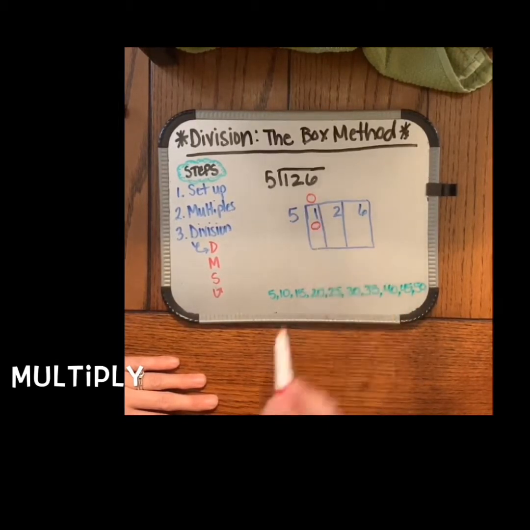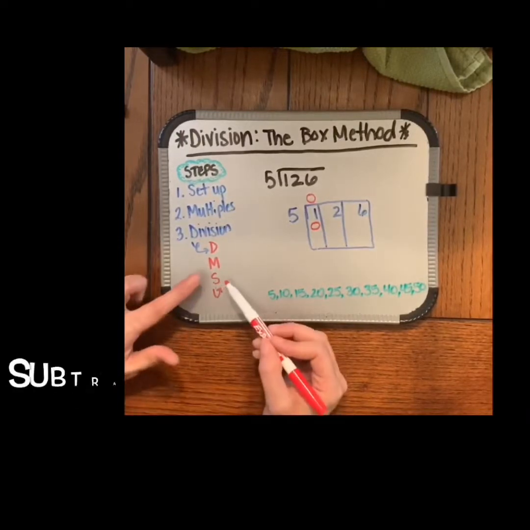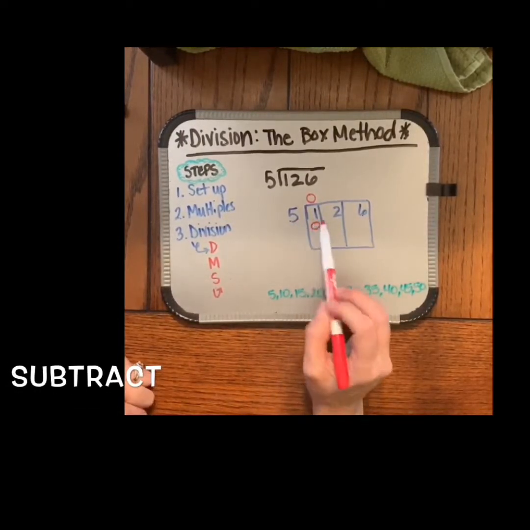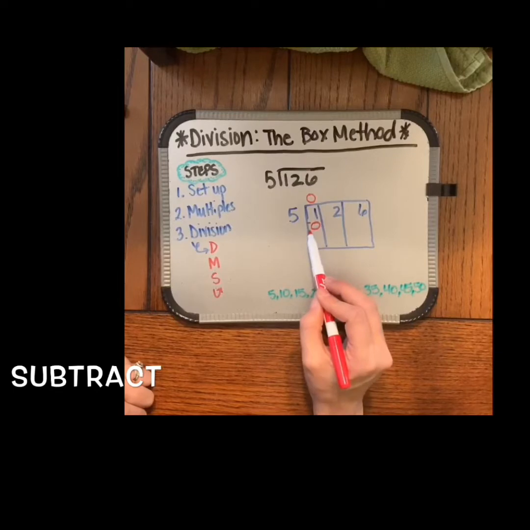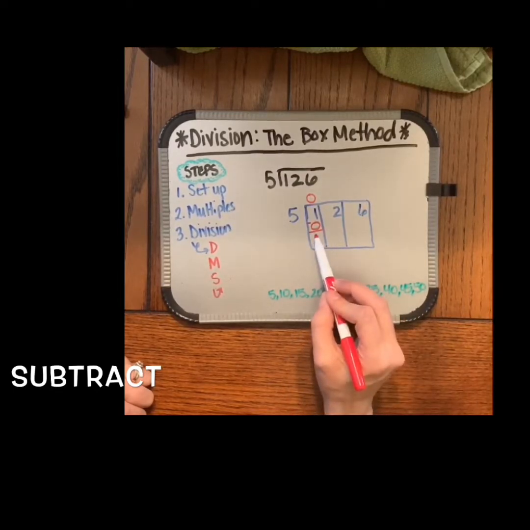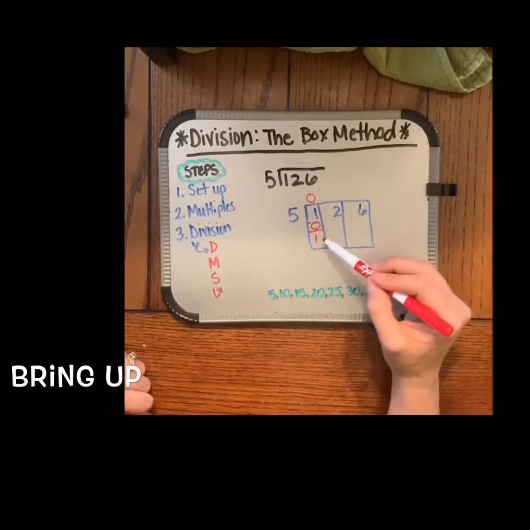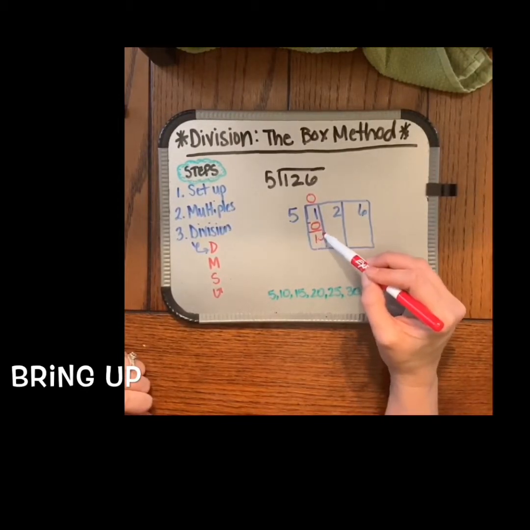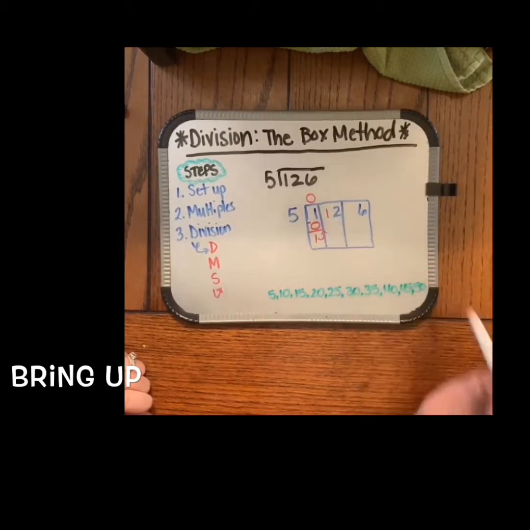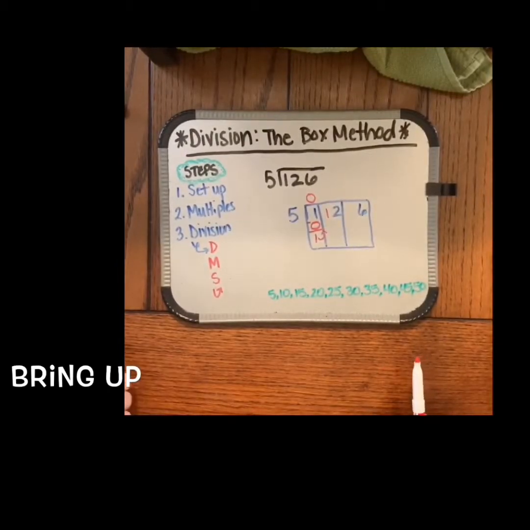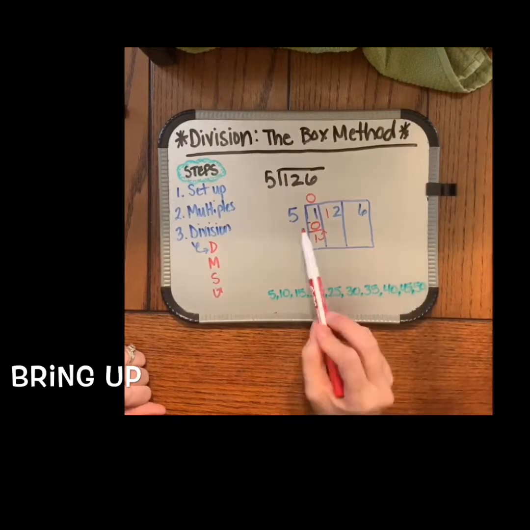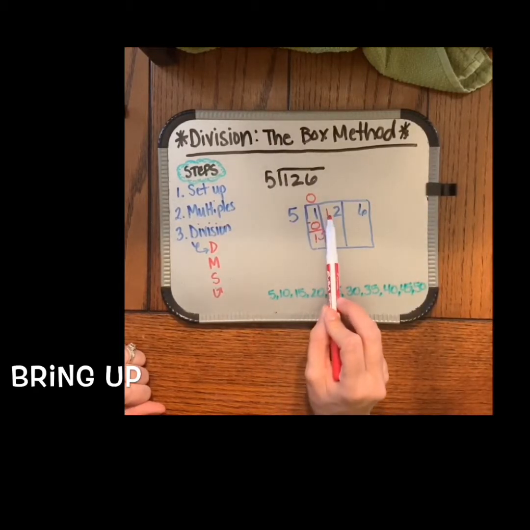And I'm going to put it right underneath that 1. My next step is subtract. 1 minus 0 is 1. And my next one is bring up. So I'm going to take this 1 and bring it up right next to the next number in the second column.